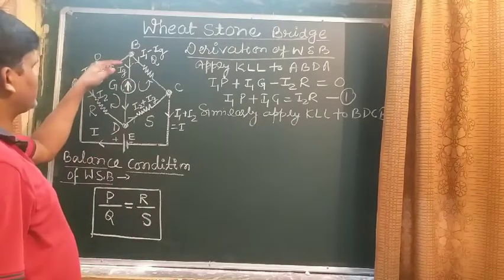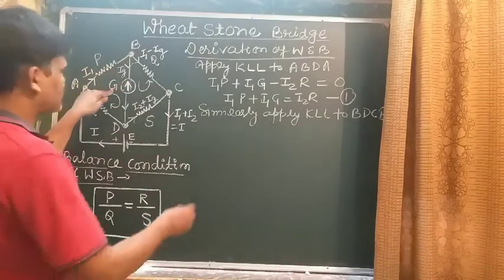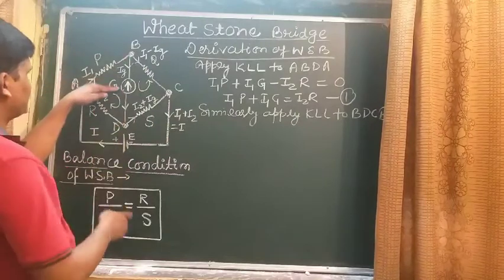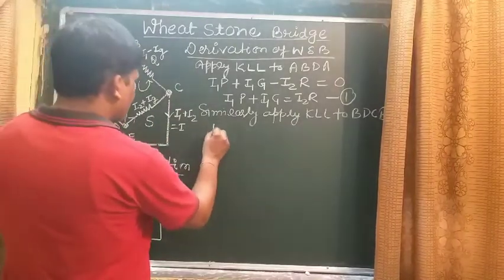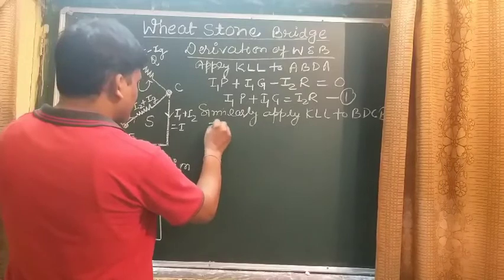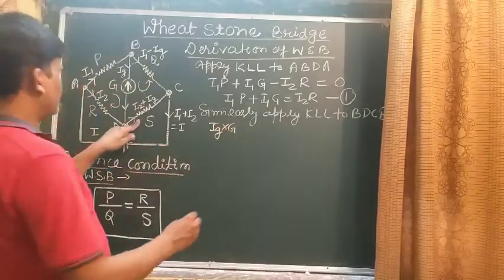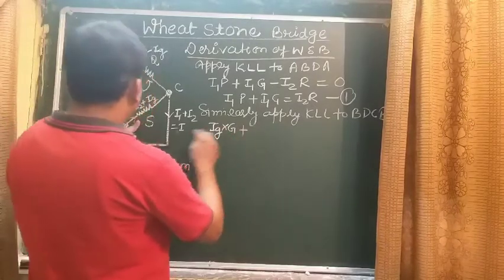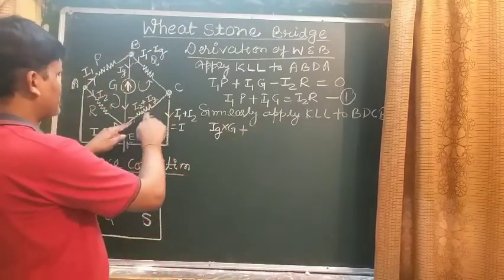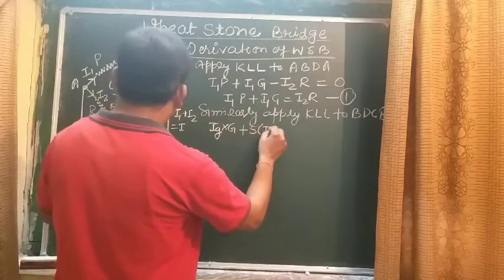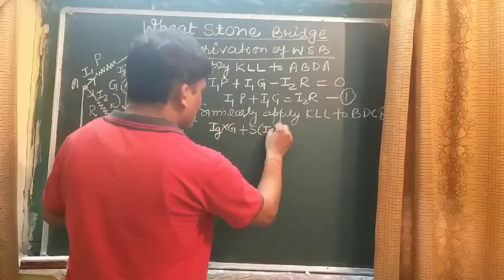Here the product of current and resistance is positive, since the direction of traversal and the direction of the current are the same. So the current is IG and the resistance is G, plus the current and path are also the same, so here the current and resistance are I2 plus IG.